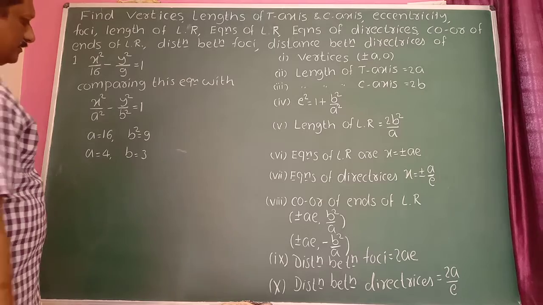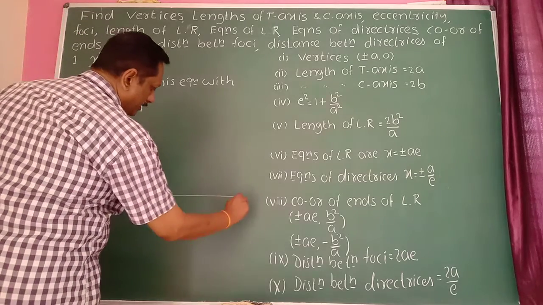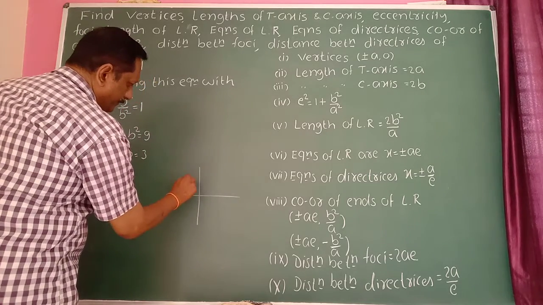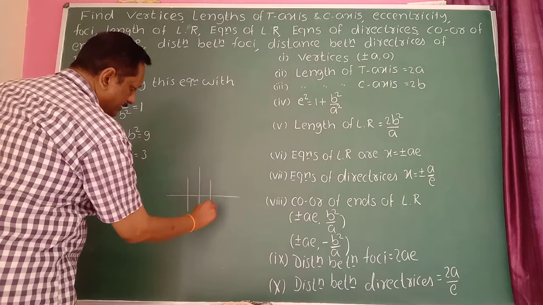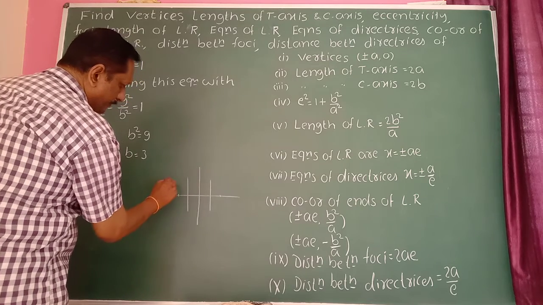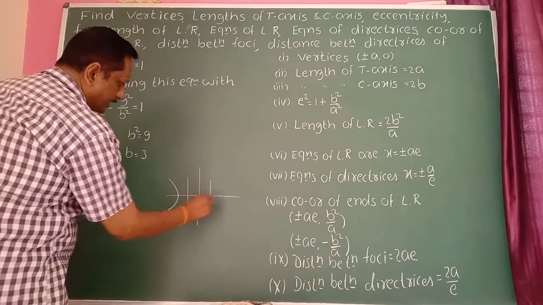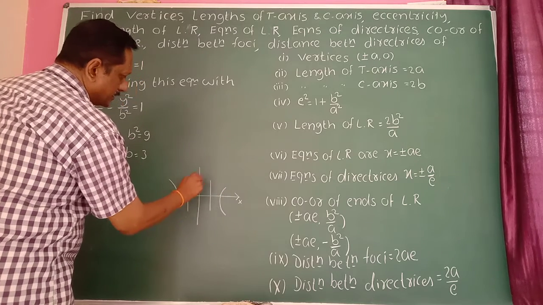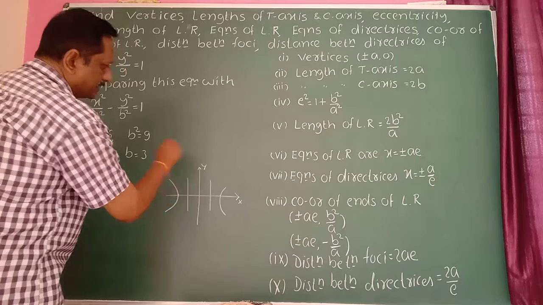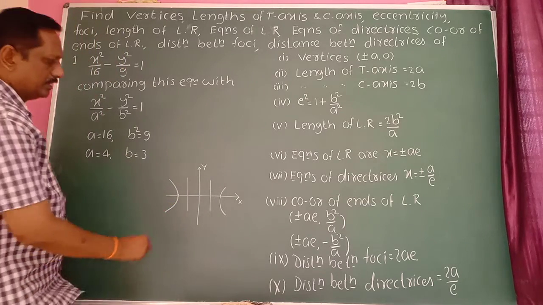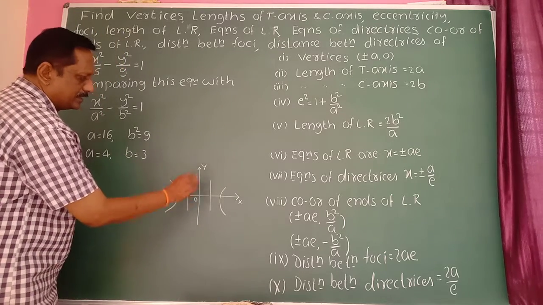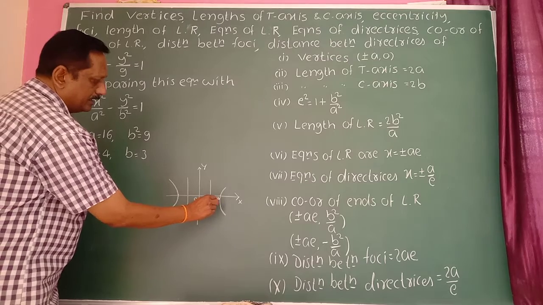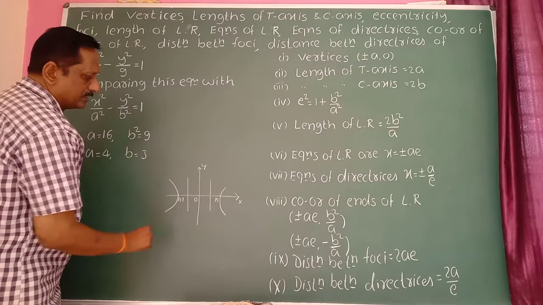In this case, the hyperbola is in this direction, so the x-axis is the transverse axis. The x-axis is the transverse axis and the y-axis is the conjugate axis, and O is the center. Then A and A dash are the vertices.